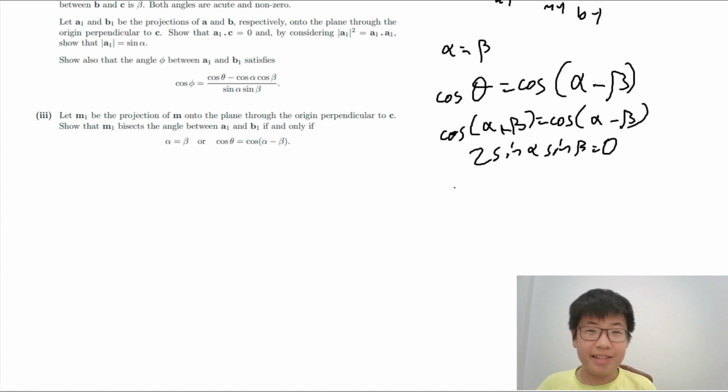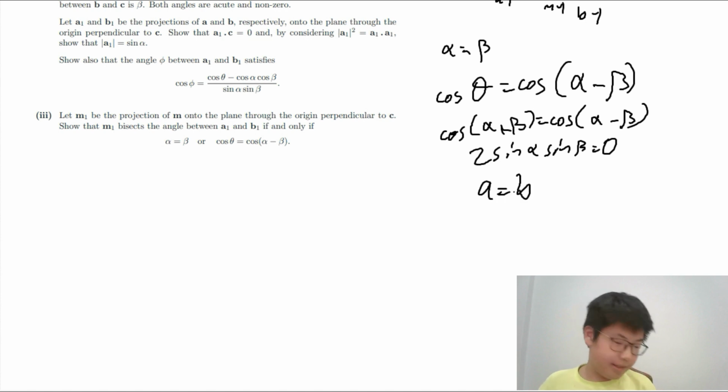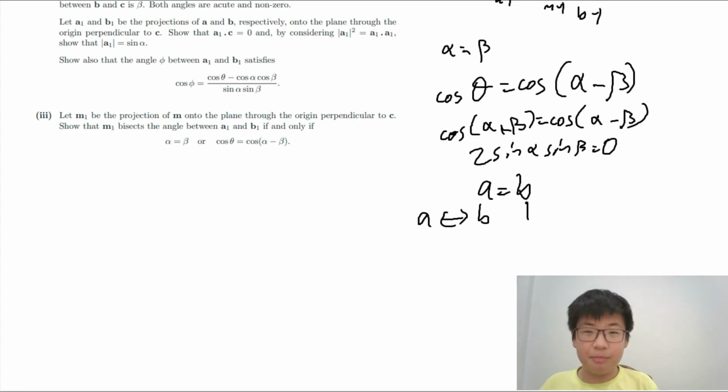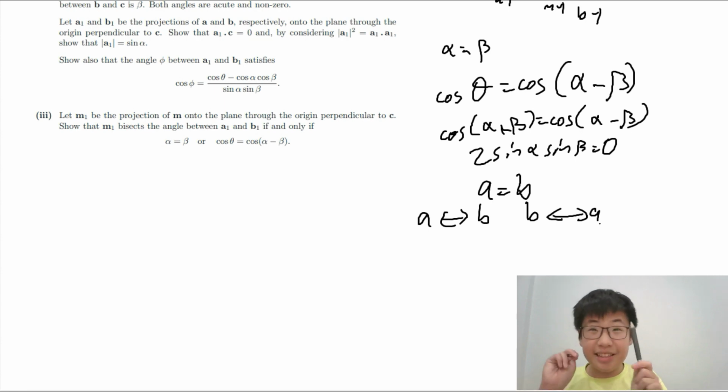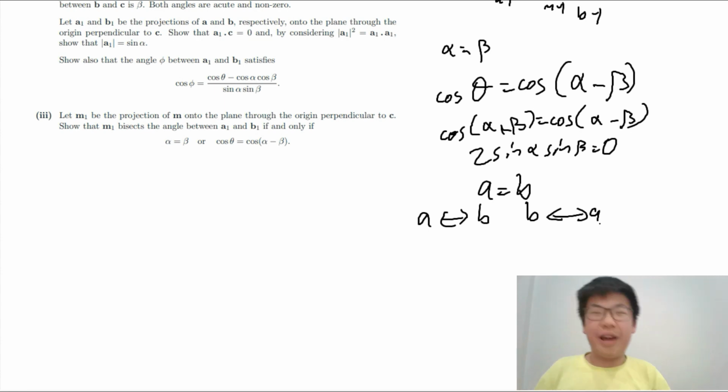Well, then that means A must be B or B must be A, in which case A equals B. Either that or A must be opposite B or B must be opposite A, which again in this case means that cos theta equals cos(alpha minus beta). These are the only cases where this is possible, and therefore M bisects A and B.